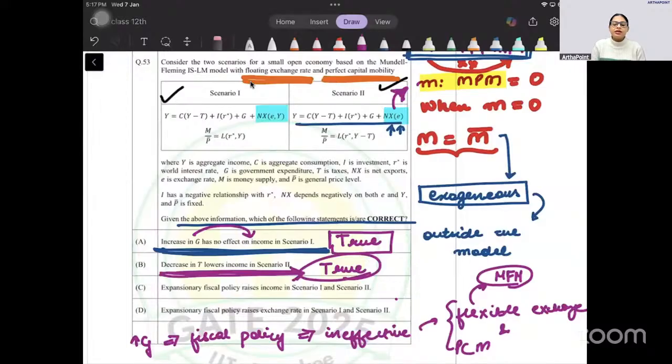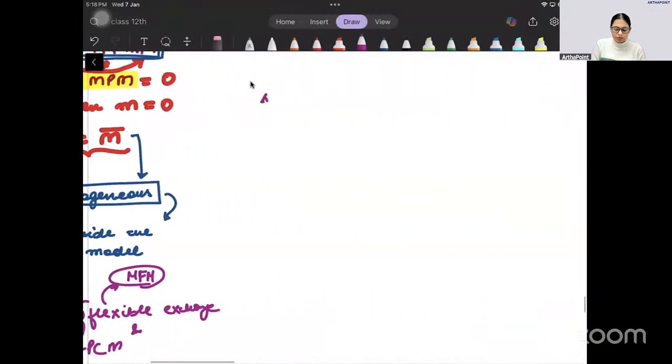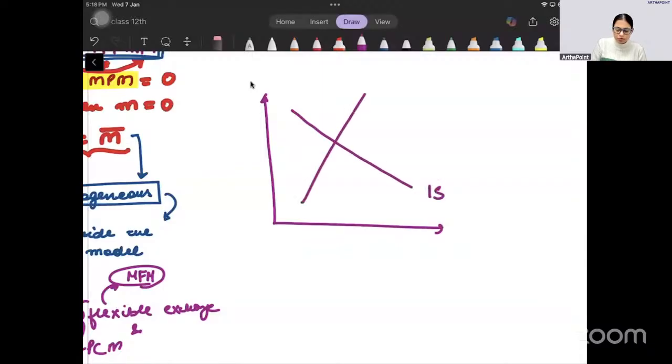Since it is only a function of exchange rate, if I have to draw the IS and LM curves, the IS-LM curve is drawn in the normal interest rate and income space.